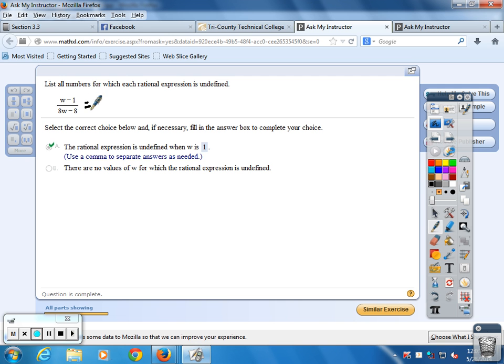You can't factor out a common term at the top, so you just write it down as W minus 1 over 8 times W minus 1. And what happens to the W minus 1s? That's equal to 1/8.